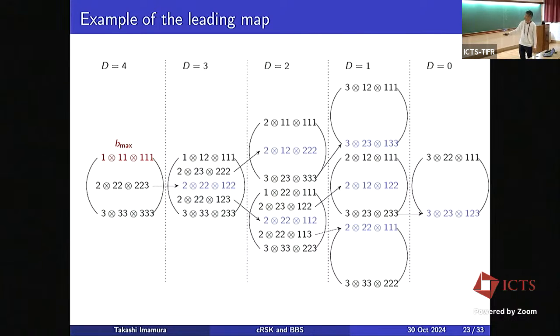So we get these kinds of things. These are the classically connected components. First, we focus on the lowest weight element in this case.